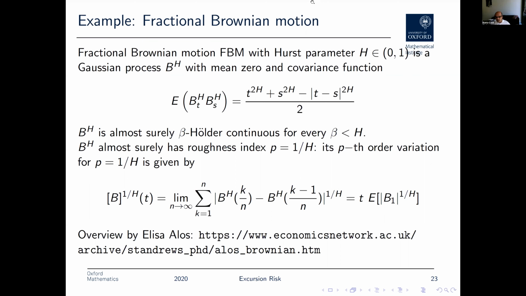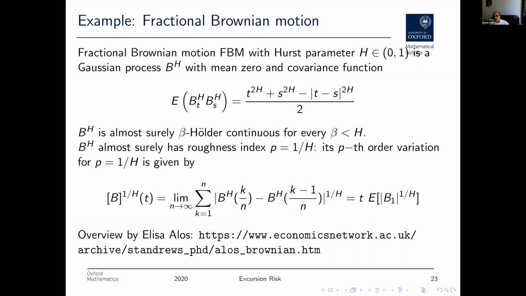So in fact, fractional Brownian motion was introduced in the 60s by Mandelbrot and Van Ness in the context of hydrology, not in finance. They were looking at time series of floods in the Nile River.